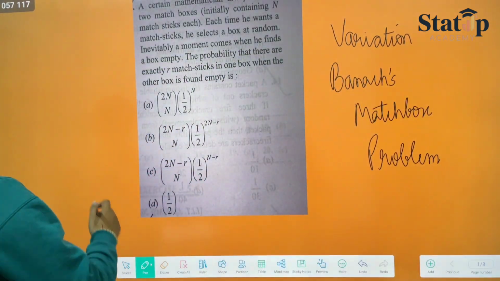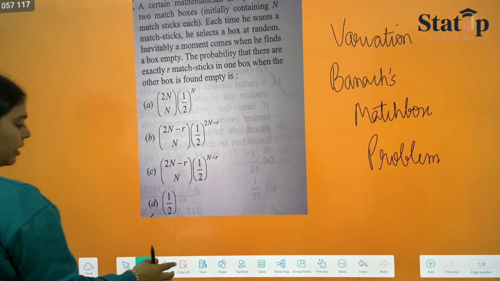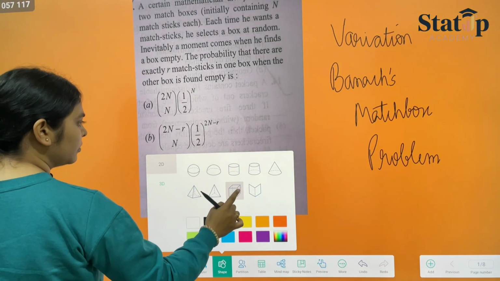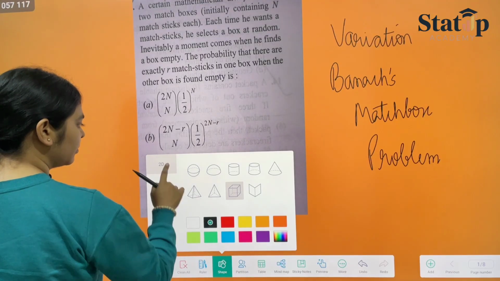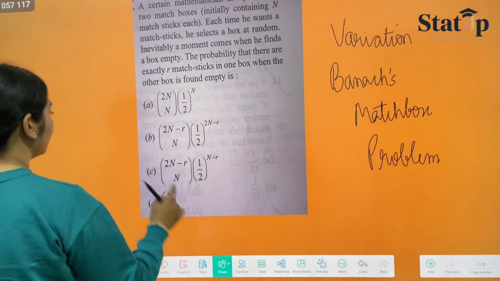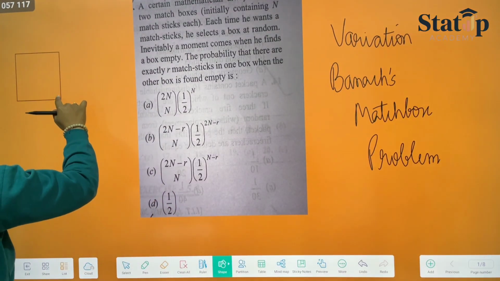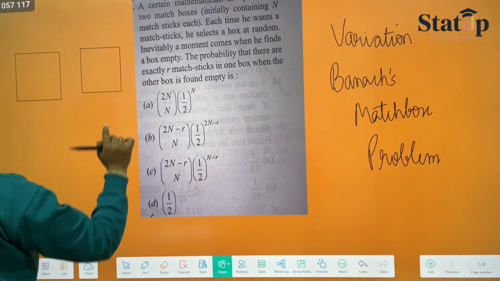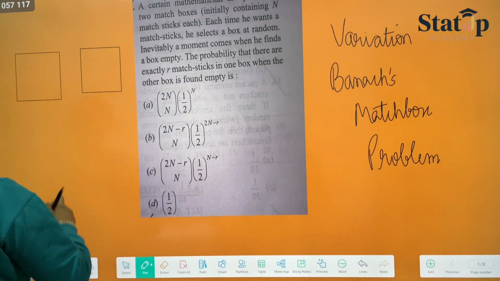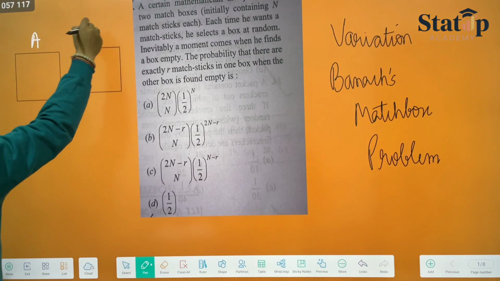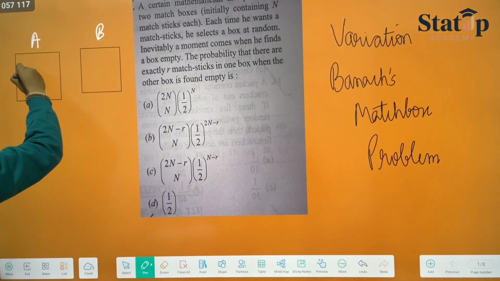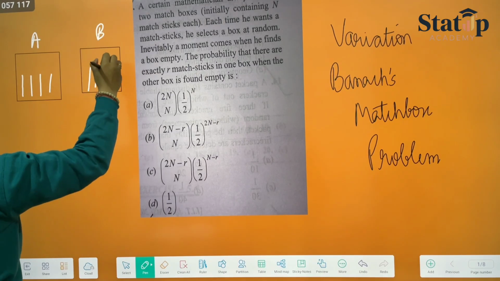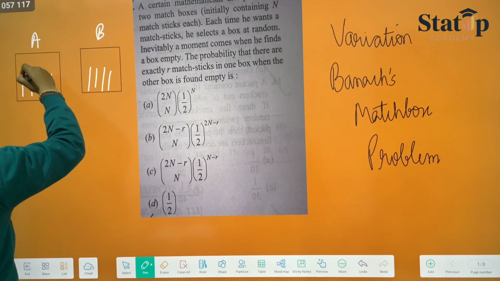There are two matchboxes. Suppose there are two boxes of the same length and breadth. This is box A, this is box B, and each has a certain number of matchsticks.